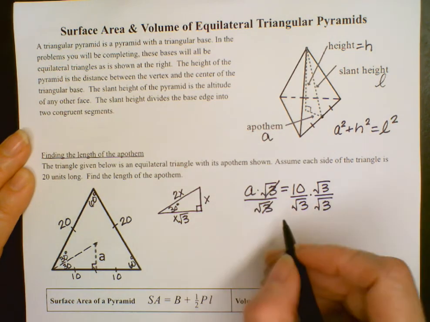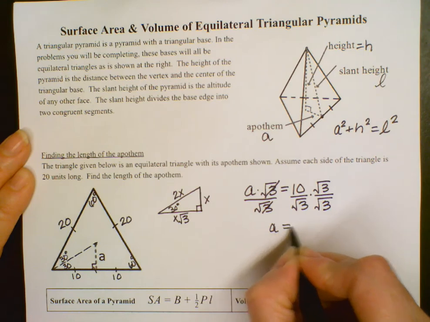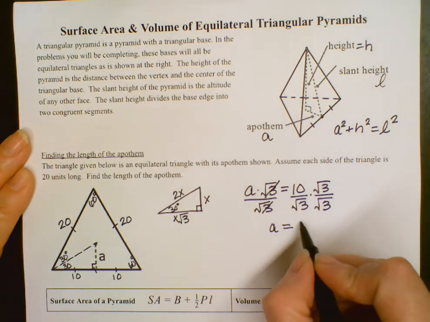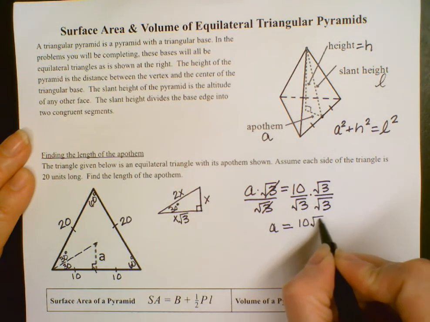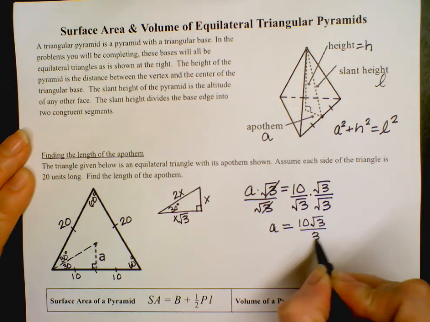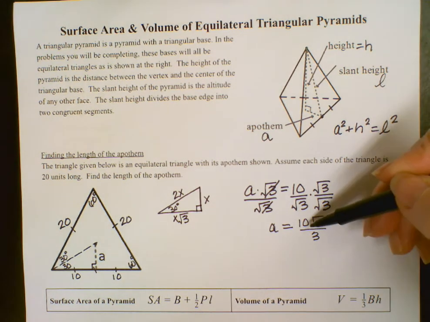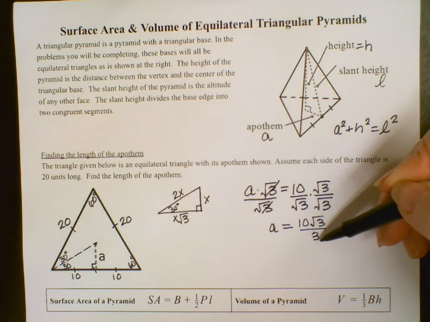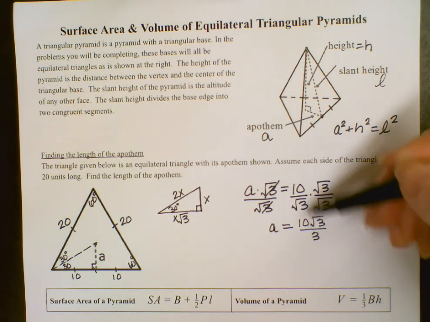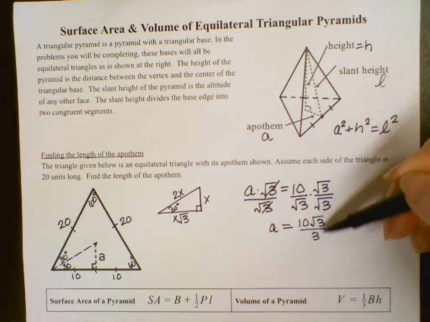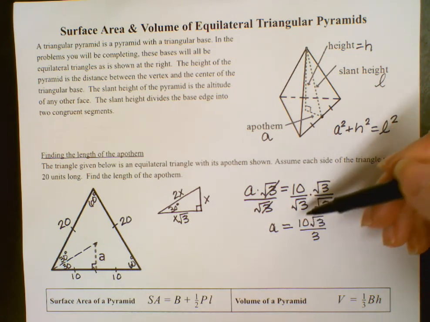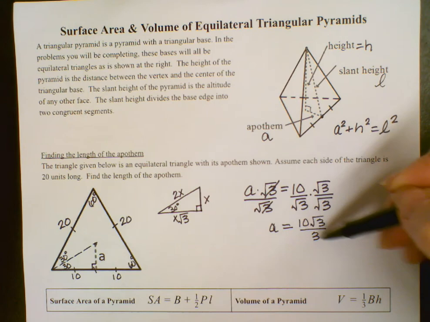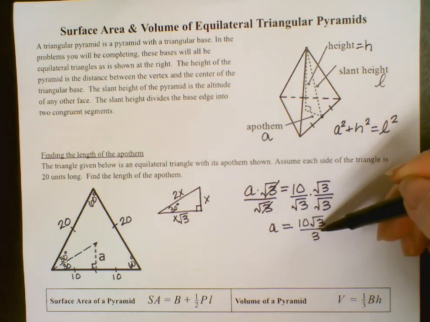So on the left side, we're left with a. On the right side, in the numerator, we have 10 square root 3, and in the denominator, a whole number 3. You may recall that if the 10 were divisible by that whole number 3, then I'd go ahead and reduce it. For example, if that were 6 square root 3 over 3, then I'd reduce and make it 2 square root 3. Here, 10 is not divisible by 3 evenly, so it's best to leave it in that form.